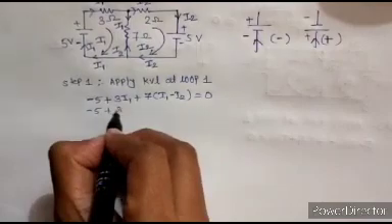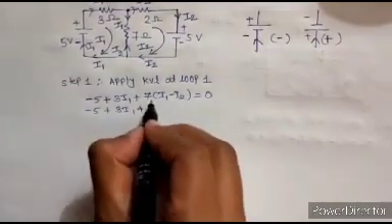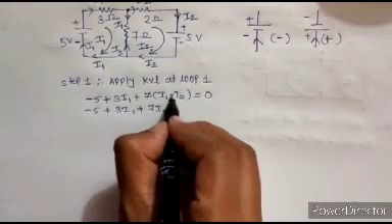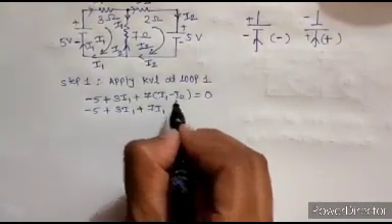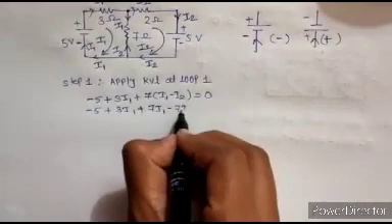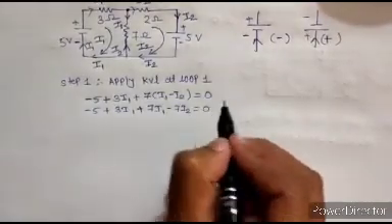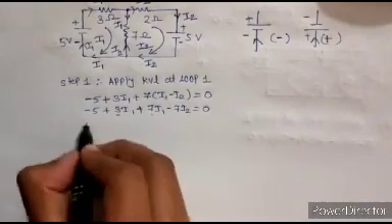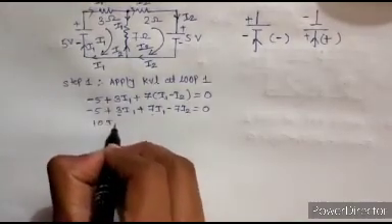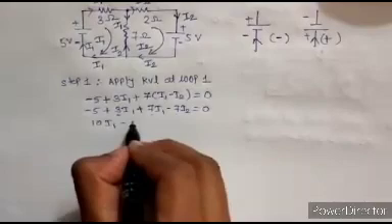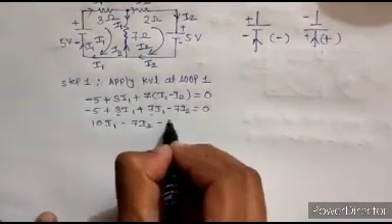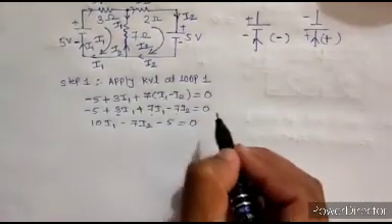-5 plus 3I1 plus 7I1 and 7 into minus I2, which is -7I2, is equal to 0. See, 3I1 plus 7I1 is 10I1, minus 7I2, minus 5 is equal to 0.